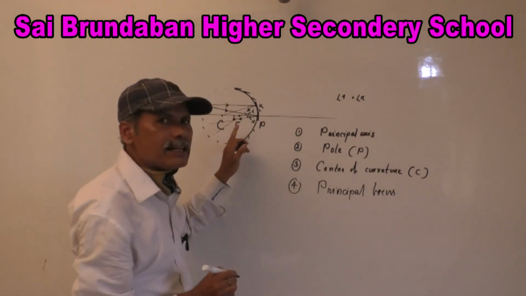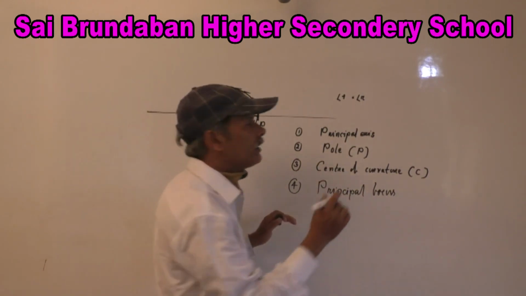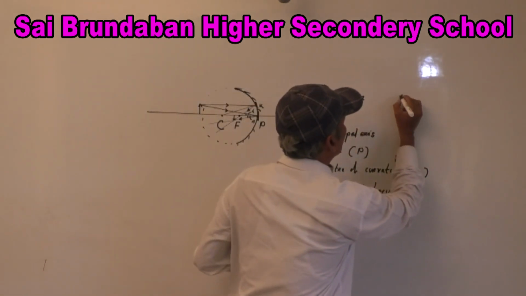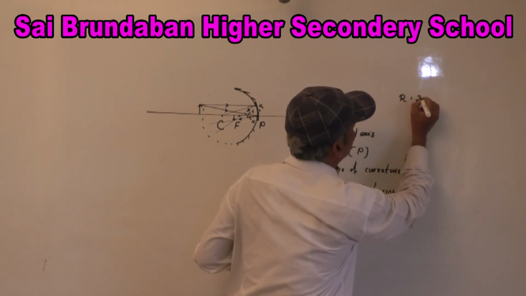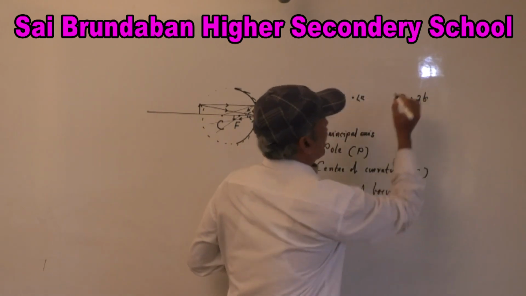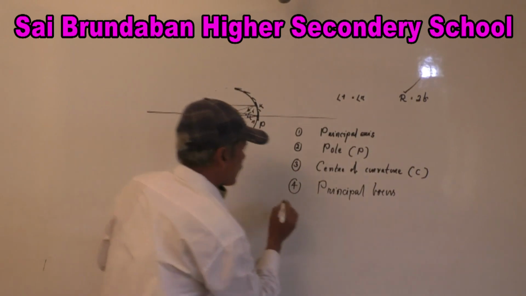It is the midpoint. That's why R is equal to 2F, where R is the radius of curvature. This is the radius of curvature.